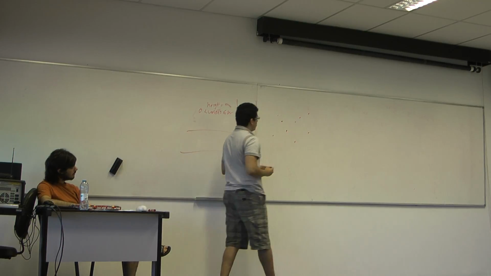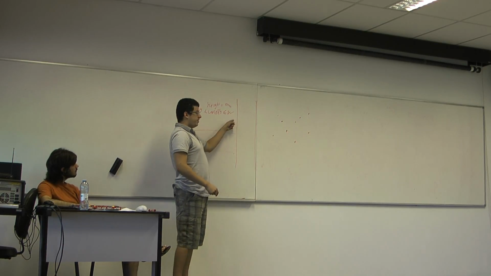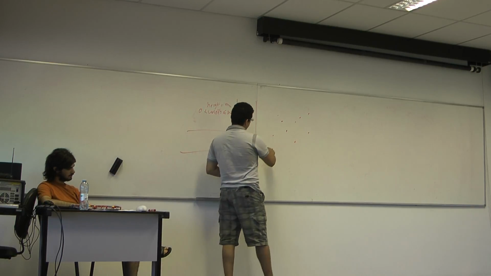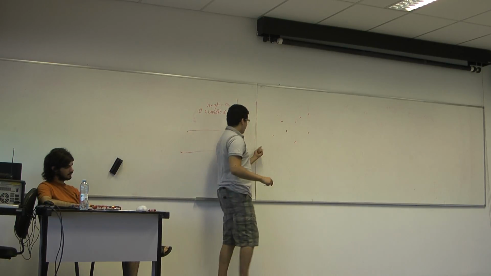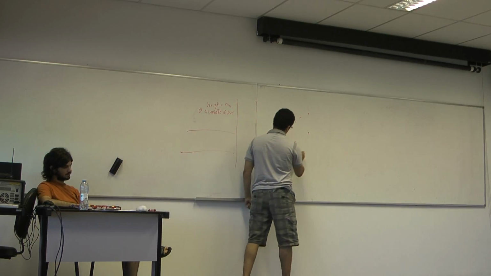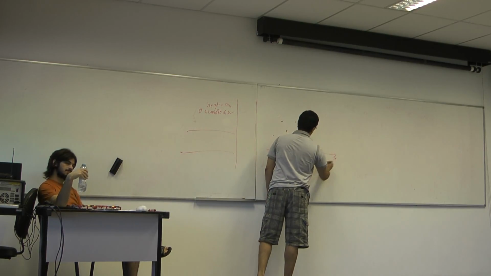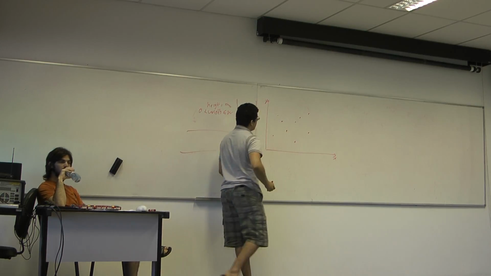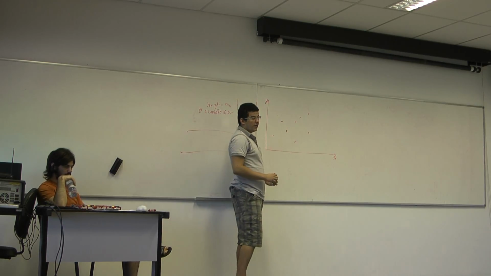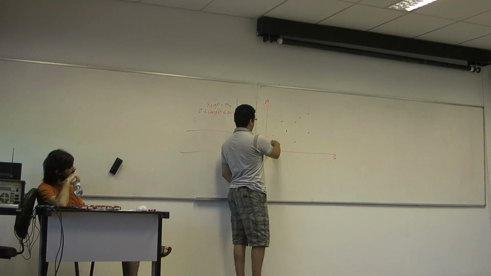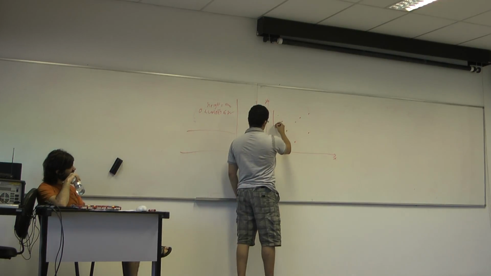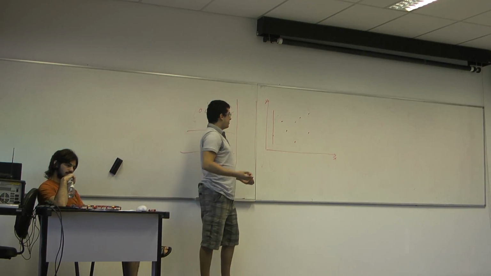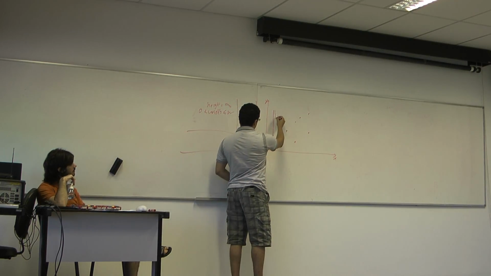Suppose that I have just this kind of rectangle. How about you solve this? You can sort the points by x, and start with this point. These form a subset.